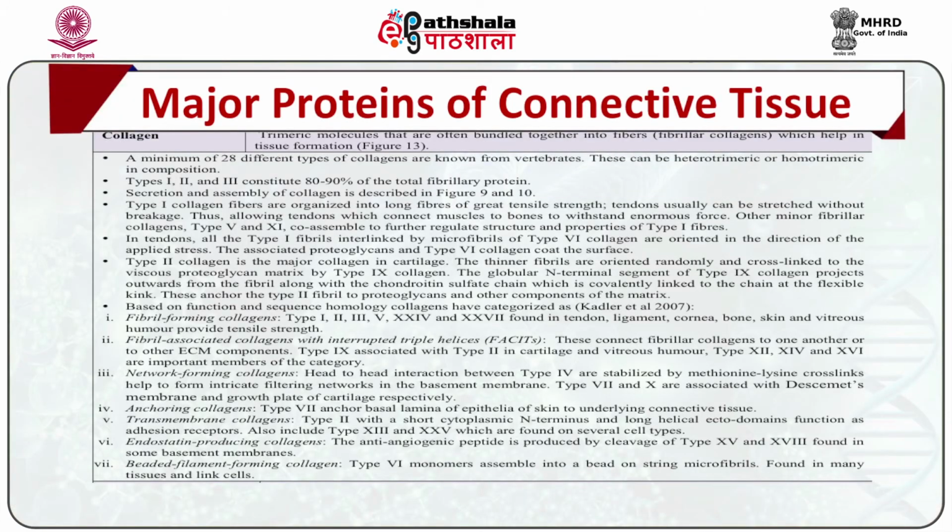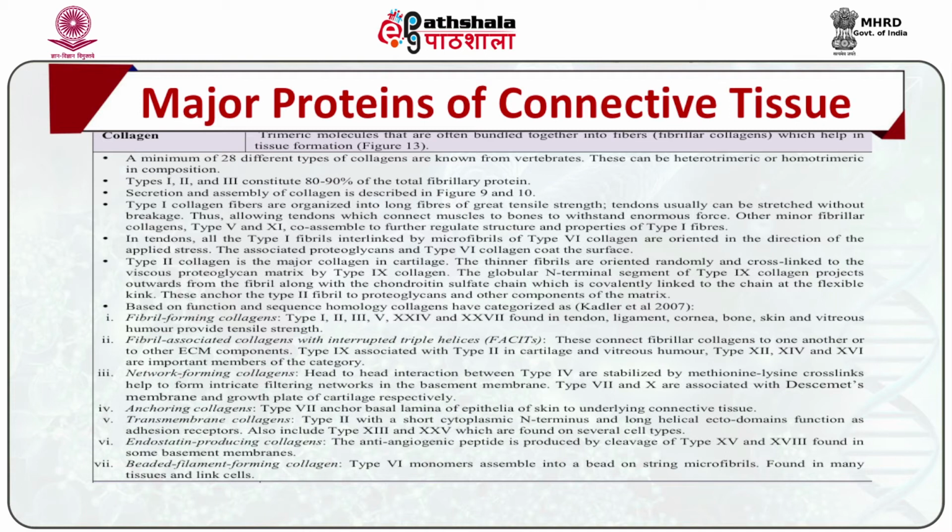Type 1, type 2 and type 3 collagens constitute nearly 80 to 90% of the total fibrillar protein. The type 1 collagen fibers are organized into long fibers of great tensile strength. Tendons usually can be stretched without breakage, and that is because of these collagens, thus allowing tendons to connect muscles to the bones and withstand enormous force.